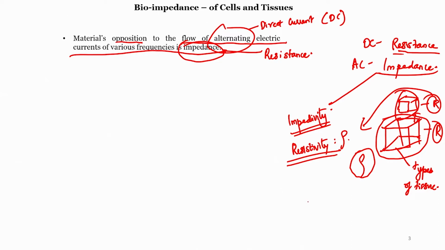This is basic class 10th physics. Resistance R is given by rho L by A. Like that, impedivity also you can calculate, we can note it in whatever way we want, I equal to measured impedance into L by A. It is a rough equation.